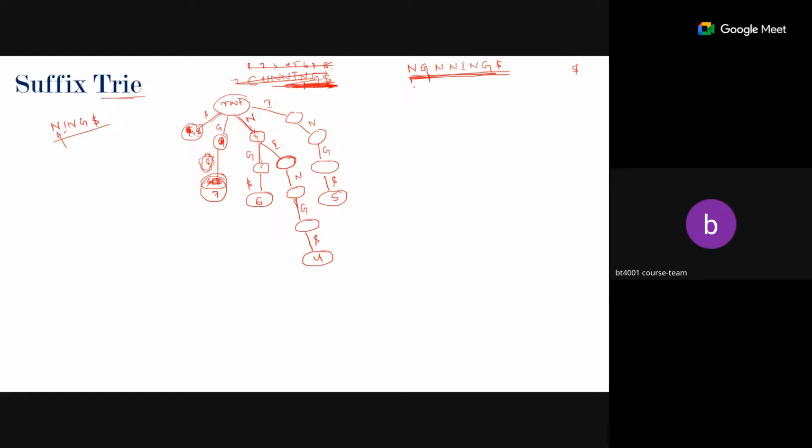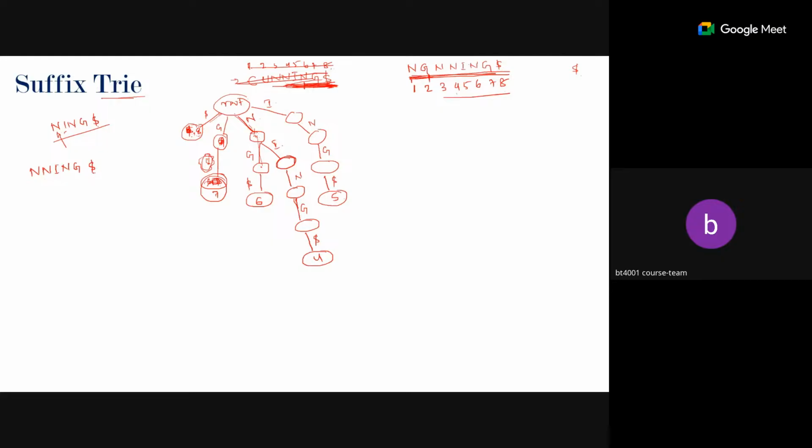So this one again, I'm going to note it as 1, 2, 3, 4, 5, 6, 7, and 8. These are the positions of the characters. We had already built the trie up to ning dollar. Now we'll look into nning dollar.